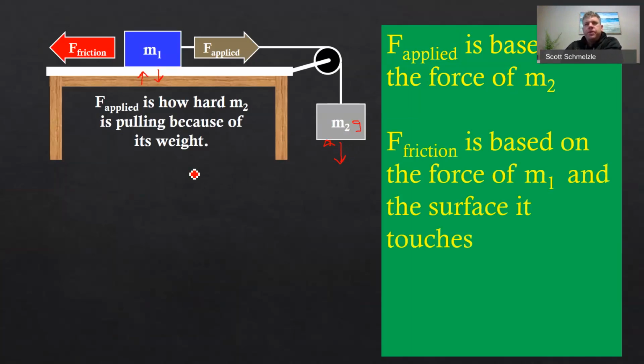The force of friction is based on the force of M1 and the surface of contact, right? Up here in the past, what we had said was, hey, this is completely frictionless, right? So that was last chapter. Now, this chapter, what we're going to see is that this thing actually does present us with some force backwards, right?